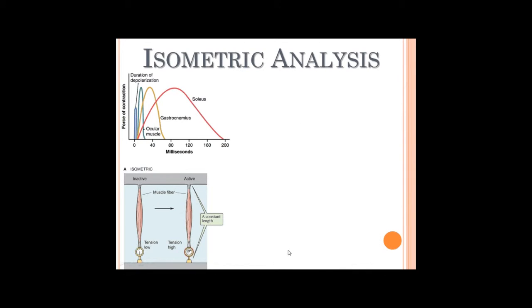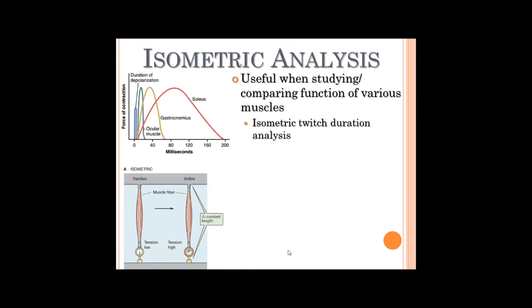Now one may ask, what is the benefit of doing an isometric analysis of muscle? Well, it becomes very useful when comparing the functions of various muscles. For example, this graph shown up here on the left is an isometric twitch duration analysis graph. It shows the twitch duration of three muscles in the human body.